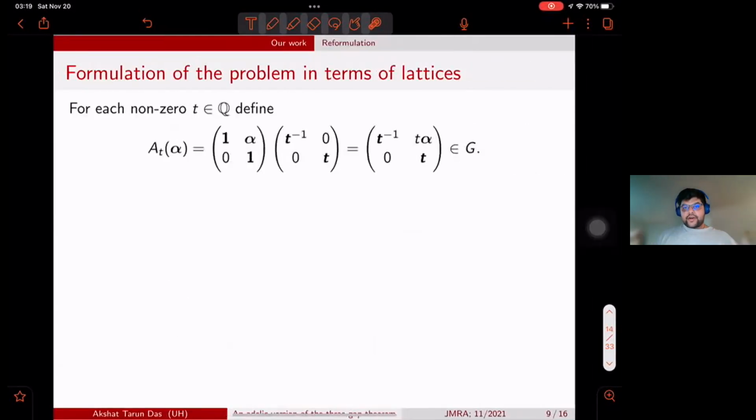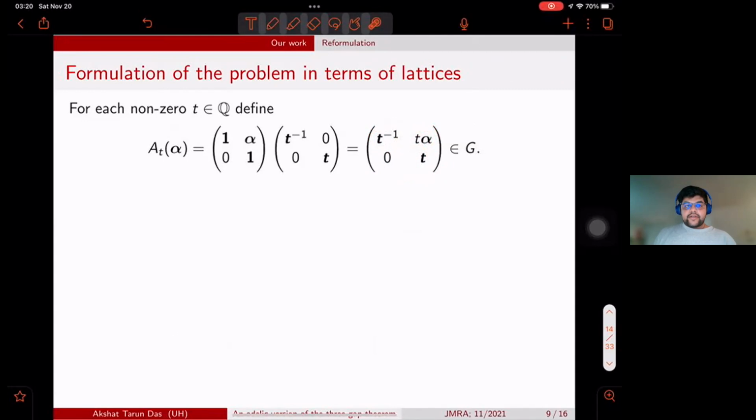So in order to do that, let's consider any non-zero rational number t, and then define this lattice, which is given by the matrix (t⁻¹, tα; 0, t). So we have already fixed the α in A_P, and this is the lattice that we have.